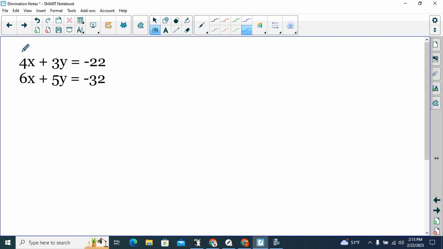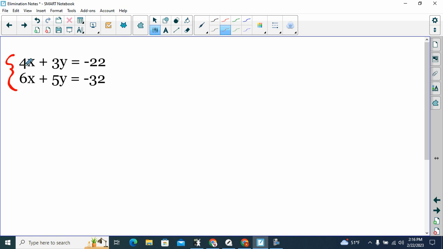I think maybe the x's might be easier, although the y's wouldn't be too bad either. Choose one to eliminate. I'm going to eliminate the x's. 4 and 6. 4 times 6 is 24, so I could make them both 24. There's actually a smaller one we could make them both. 4 and 6, the least common multiple is 12. So we're going to make the top one positive 12 and the bottom one negative 12. You could have done 3 and 5 and made them both 15 also.